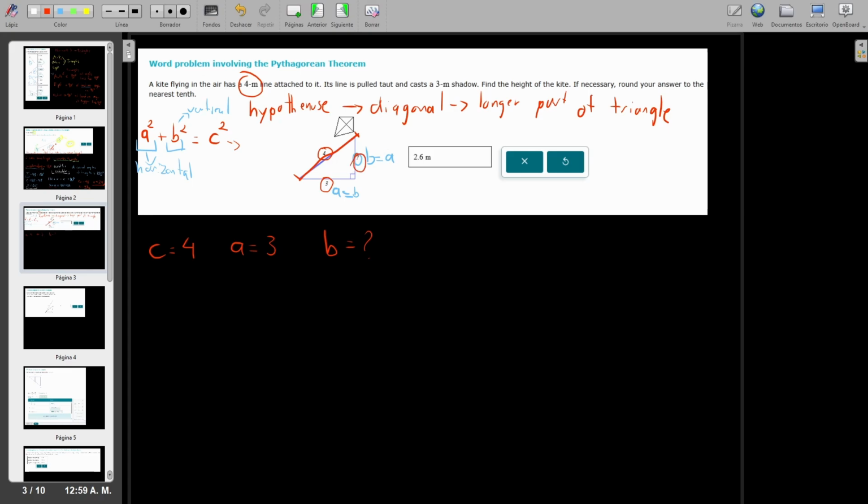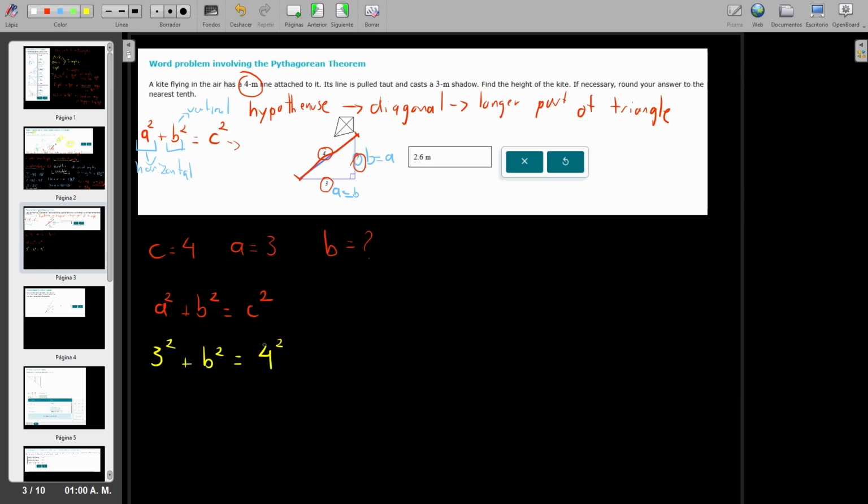Using the Pythagorean theorem, we know that a squared plus b squared is going to be c squared. We need to substitute the values. I'm going to change the color. Yes, a is going to be 3 squared plus b squared, and that is going to be equal to c squared. c is 4 squared.